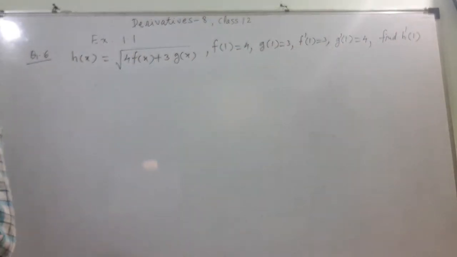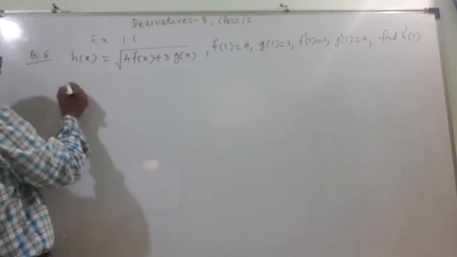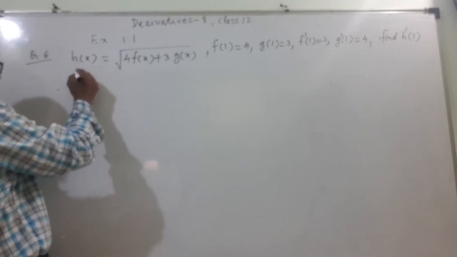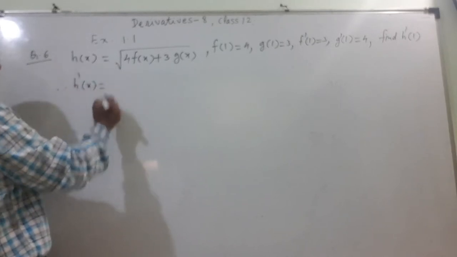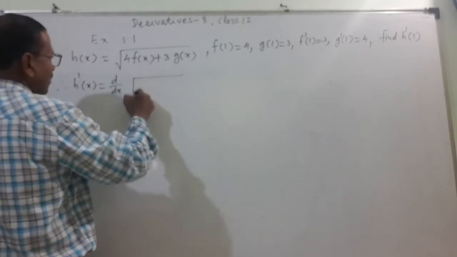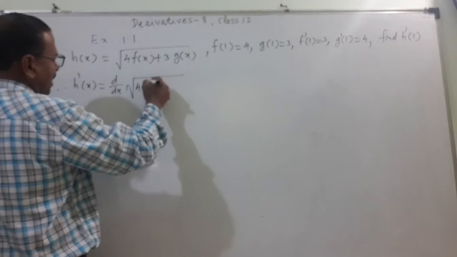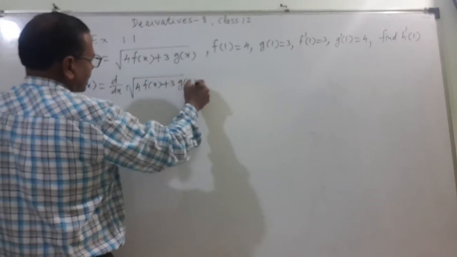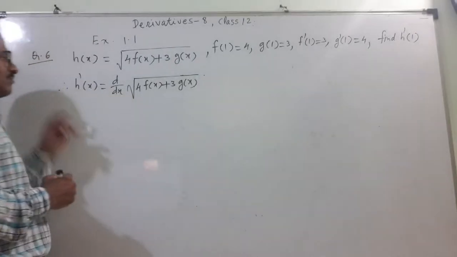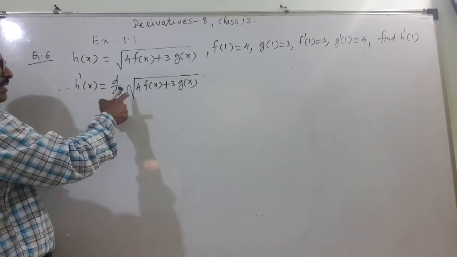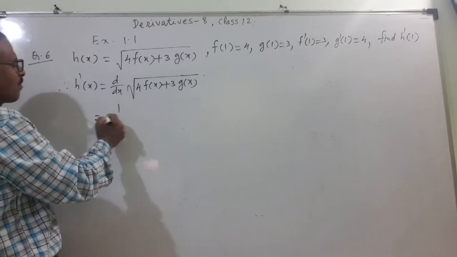So we have to go on differentiating it. From here itself I will start. h dash of x is equal to d by dx of root of 4 f of x plus 3 into g of x. Now I am going to take the derivative. What is the derivative of root?